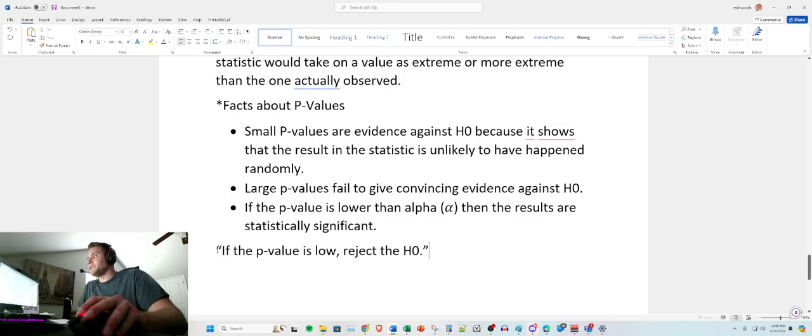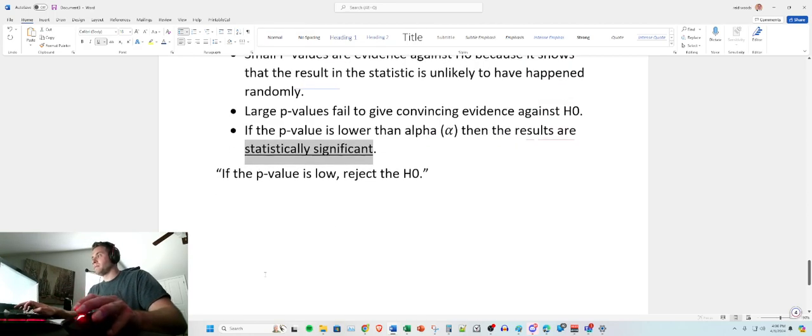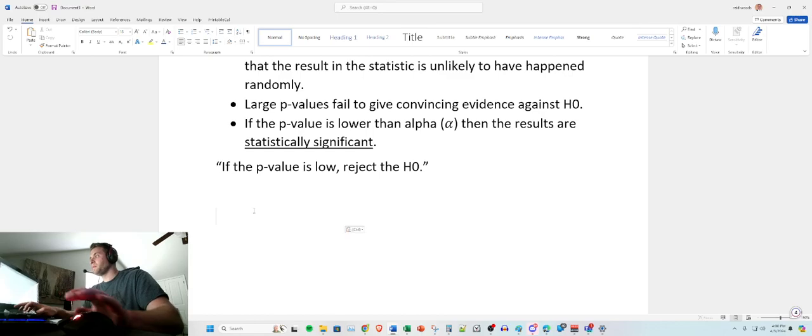And that's essentially what this third bullet point is saying. Because what's going to happen at the end of a significance test is your conclusion is going to be to reject it or fail to reject it. We're going to write that down in a second, but I also want to define statistically significant. So we can write that down below.